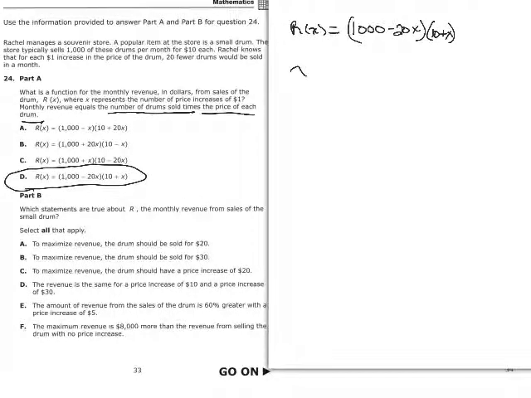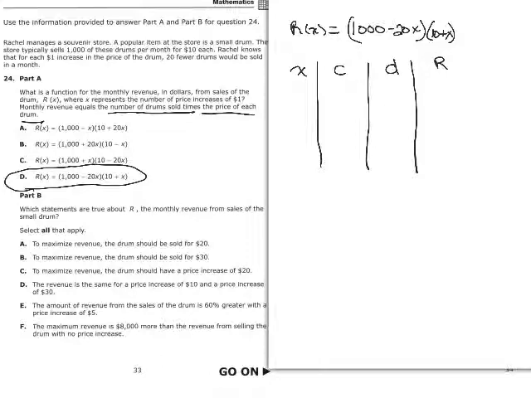I would encourage you to have an X value, make a table, then you'd have the cost, then the total number of drums sold, and then the revenue that you earn. Revenue is the amount of money you make.